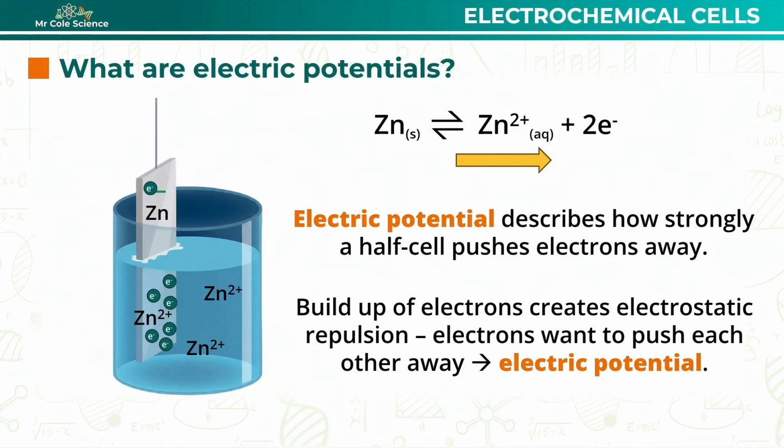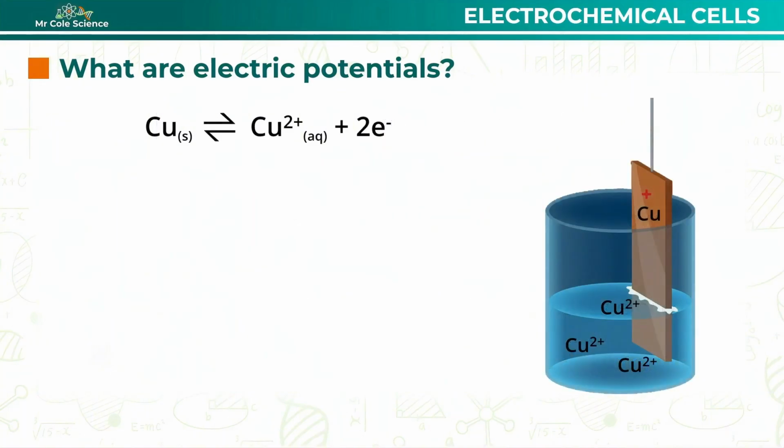Now, if we compare this to a copper half cell, we know that copper is less reactive than zinc. And therefore, as a comparison, the position of our equilibrium is going to lie more towards the side with our copper atoms, i.e. there will be fewer electrons building up our electrode, fewer electrons within our half cell.